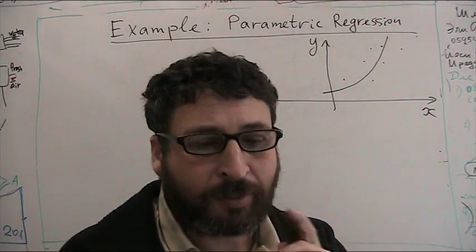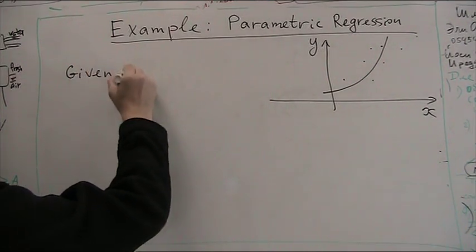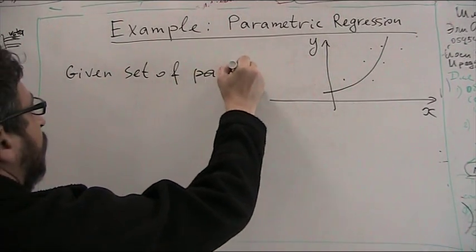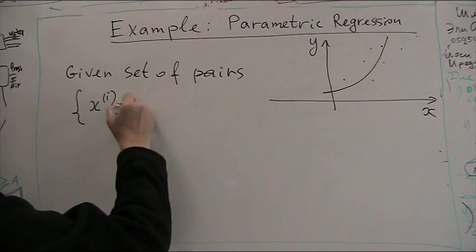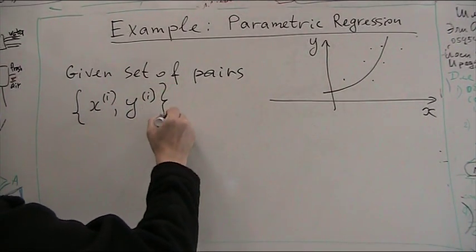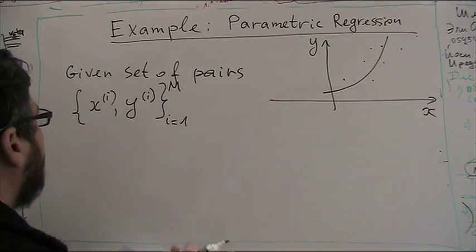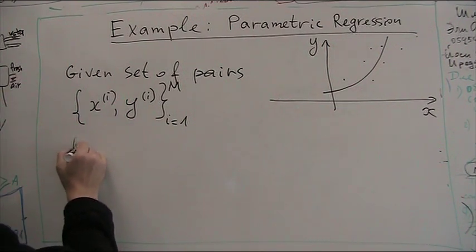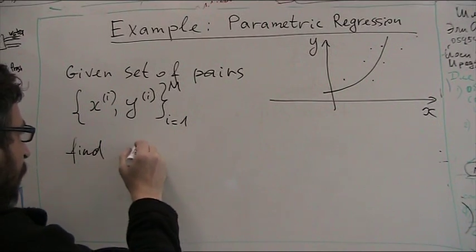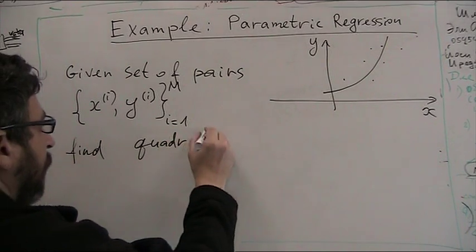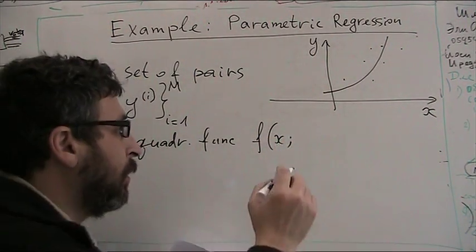How can I write this formally? I am given a set of pairs x_i, y_i, i from 1 to, for example, capital M. I need to find, in my case, a quadratic function f of x, and the coefficients of this quadratic function I will denote as w.